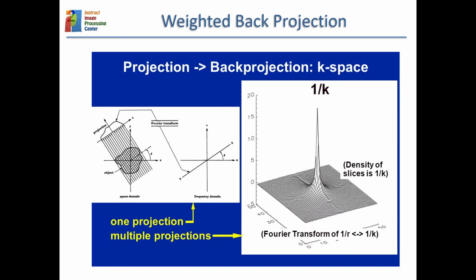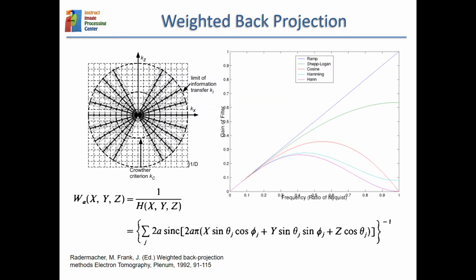This 1 over omega, or 1 over frequency, is derived under the assumption of a perfectly uniform distribution of projections. So there are no directions in which we have more projections than in other directions. And if this is not the case, for instance, there are some directions that are missing, or there are gaps between directions, then you should compute what the weight is.